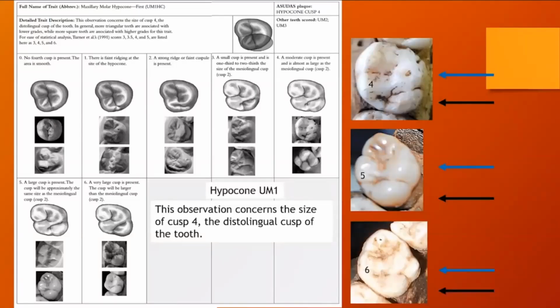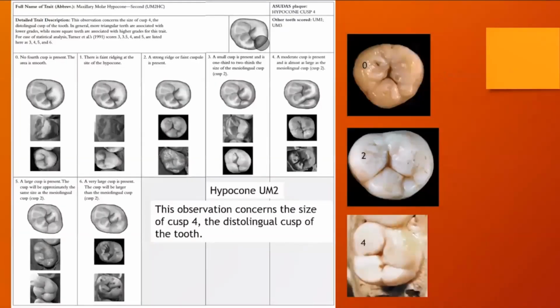The hypocone would be larger than the mesiolingual cusp. Now, I wanted to use this example specifically because you'll notice that this tooth has a really large Carabelli's cusp. That's the cusp on the lingual side there, and that's not included in the comparison of the hypocone to the other cusp.